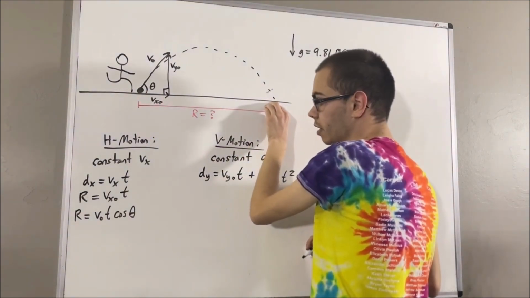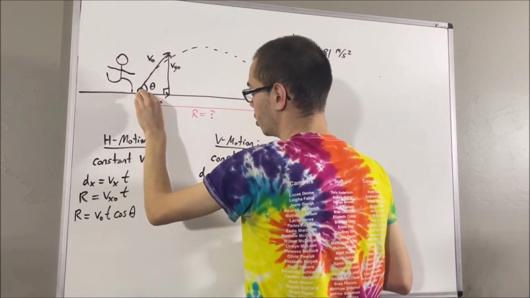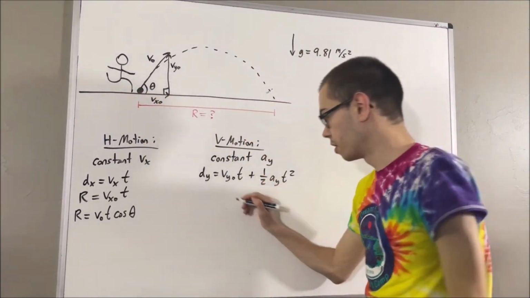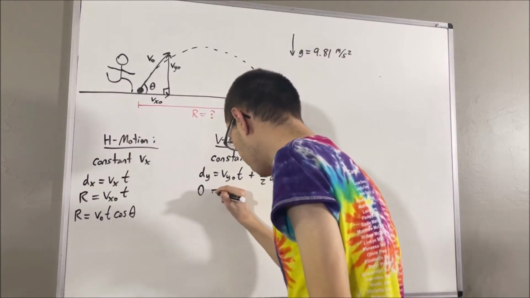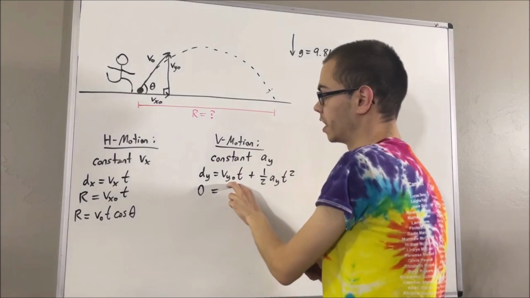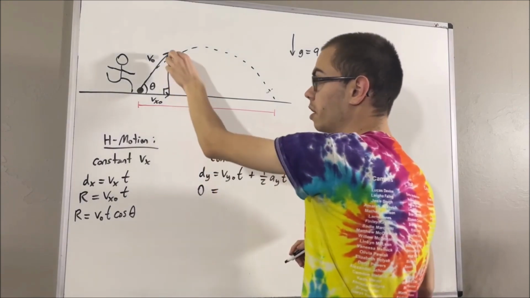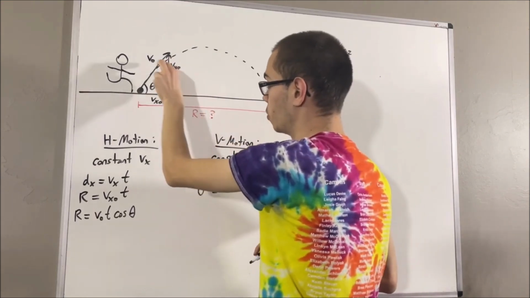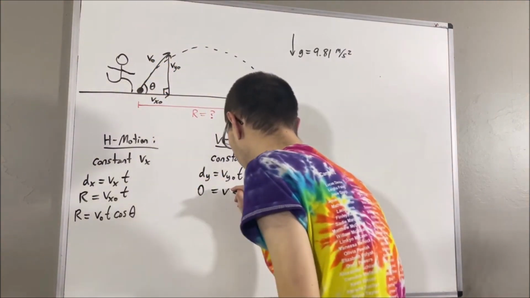Actually, the height of the ball doesn't change going from here to here. The vertical displacement is just 0. So we have 0, and the initial vertical velocity of the ball is Vy0. If we use trigonometry, we have Vy0 equal to V0 sine theta.